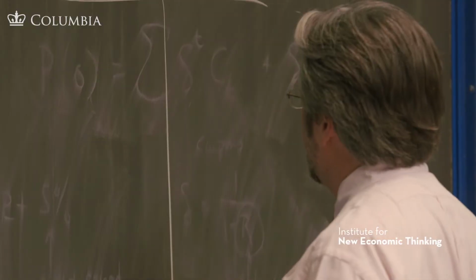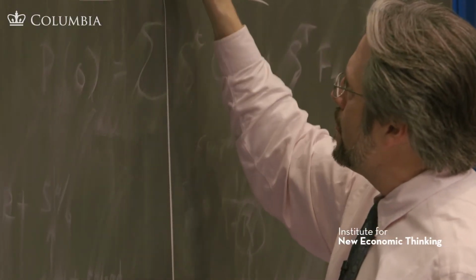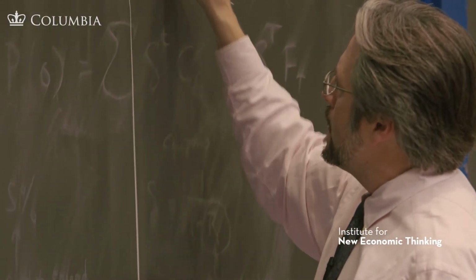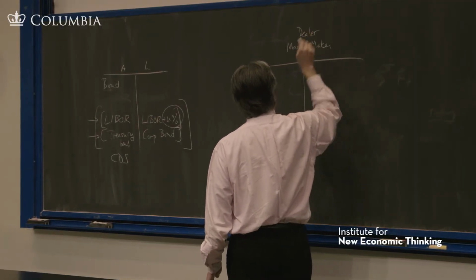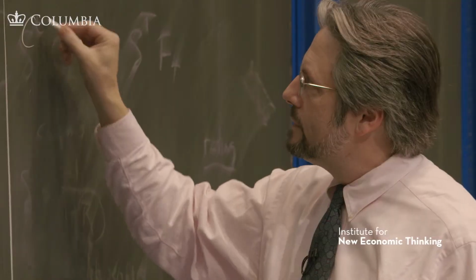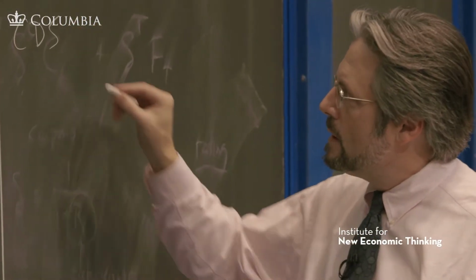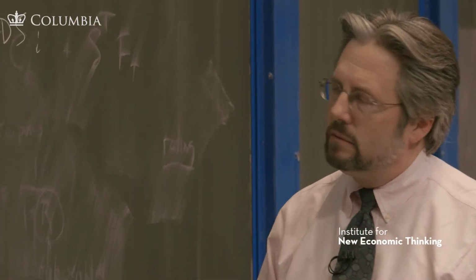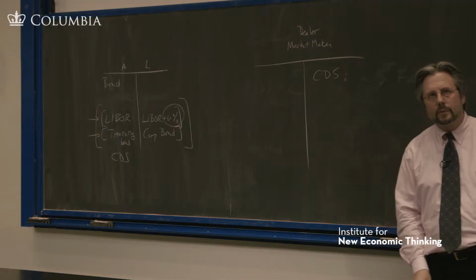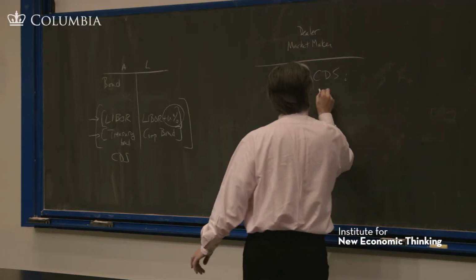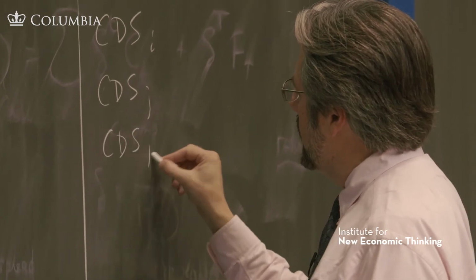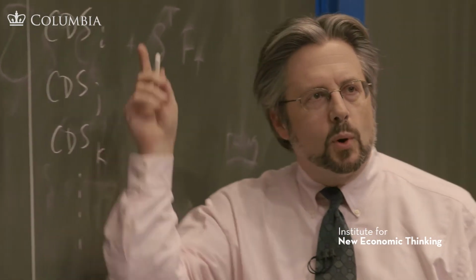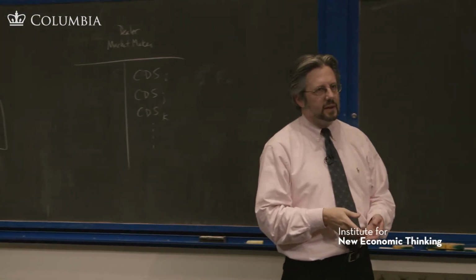On the other side of that is a dealer or a market maker, let's say, okay, who's writing CDS on bond I. Okay. And maybe CDS on bond J, on bond K, and so forth. So a portfolio of these things.